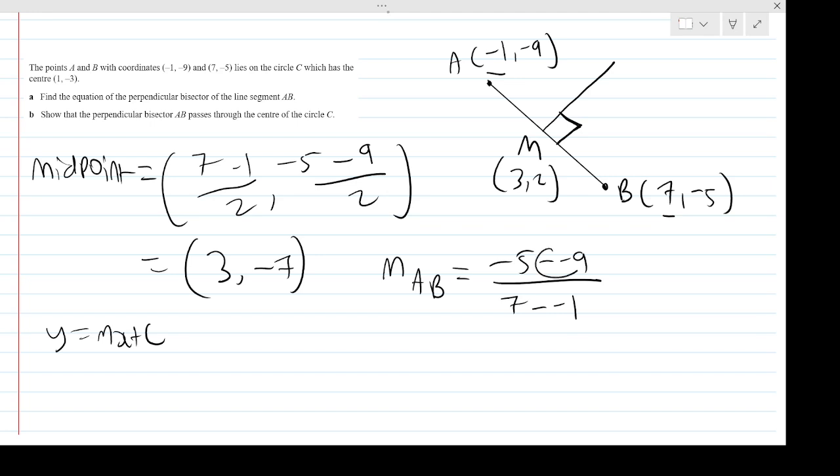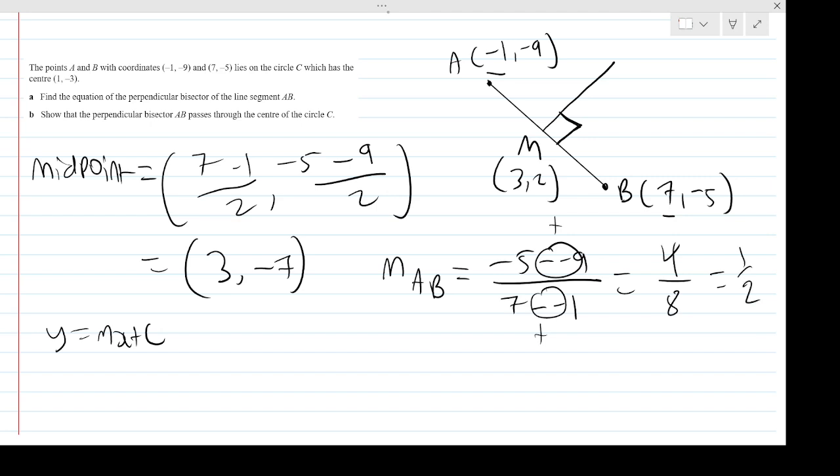So again, we have two double negatives, so we have a plus here and a plus here, which helps us to calculate it. So we have -5 add 9, that would now be positive 4. Then we have 7 add 1, which is 8. 4 over 8 will go to a half.